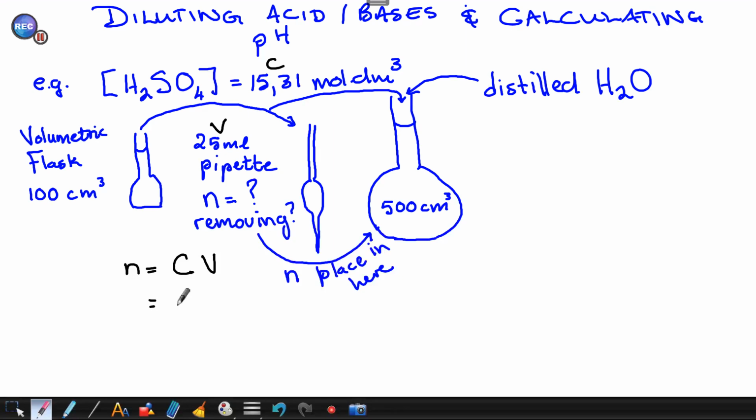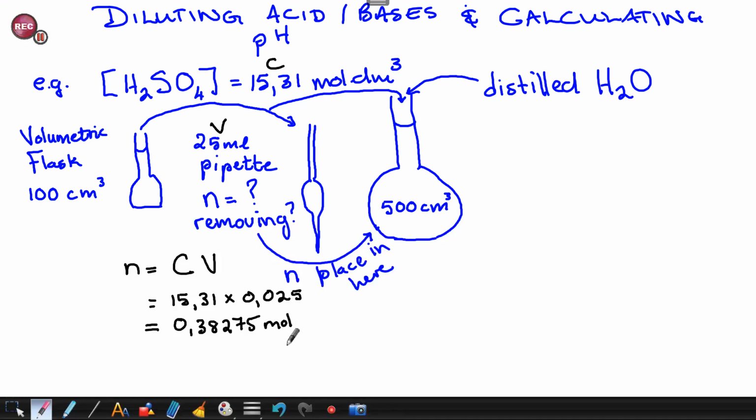So this is 15.31 times, and what's this volume? 0.025. So this is the moles that you're removing, that you're taking out. What is it? 0.38275. Yes. Must be accurate.